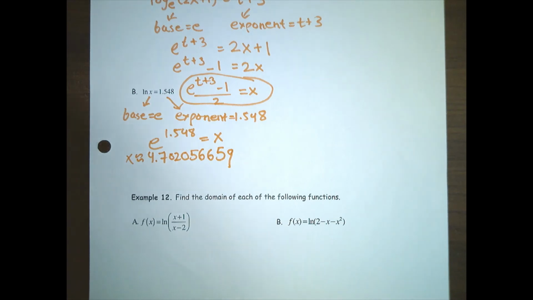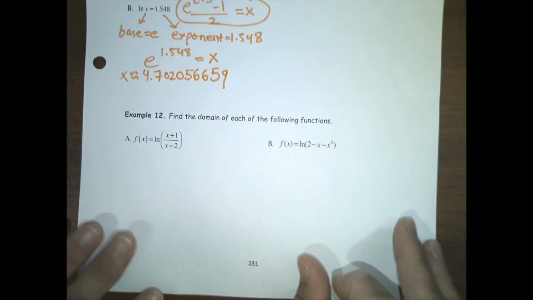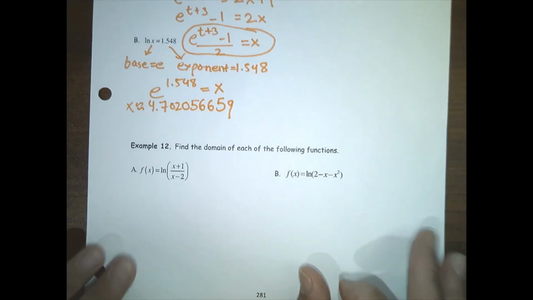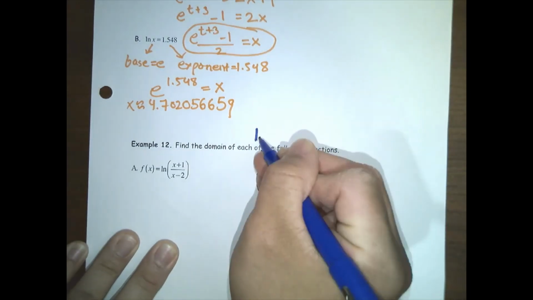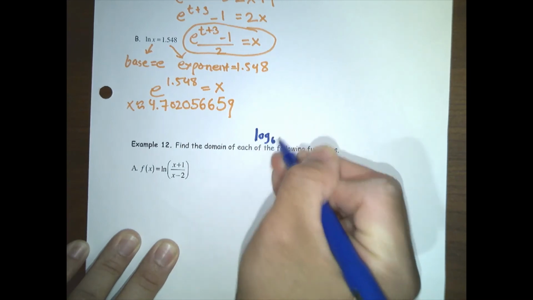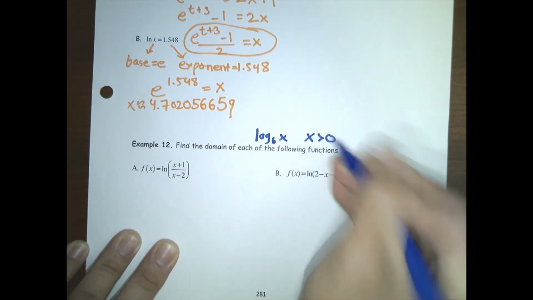All right, now let's go on to finding the domain of each of the following functions. So the natural log of x plus 1 over x minus 2. Remember that earlier I said the domain of log base b of x was x greater than 0.